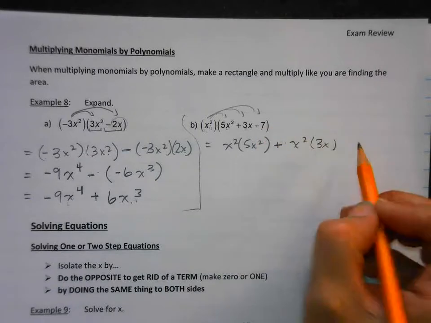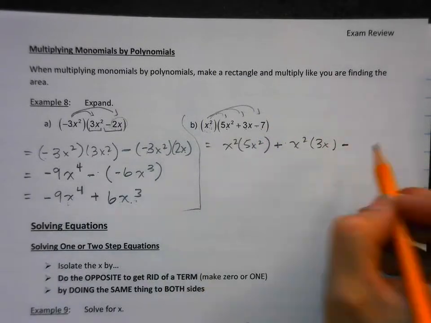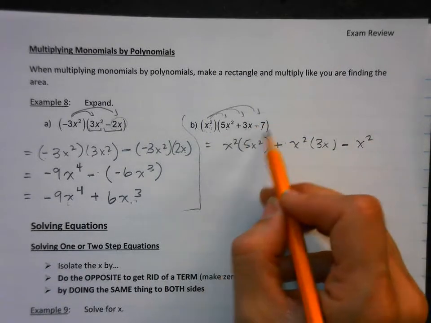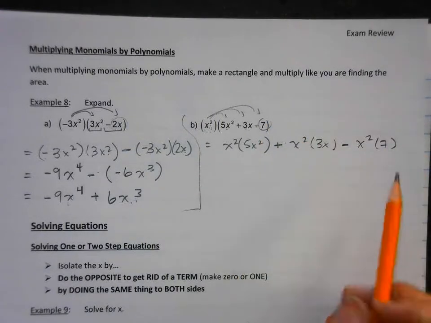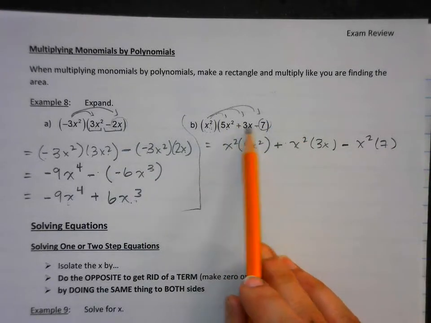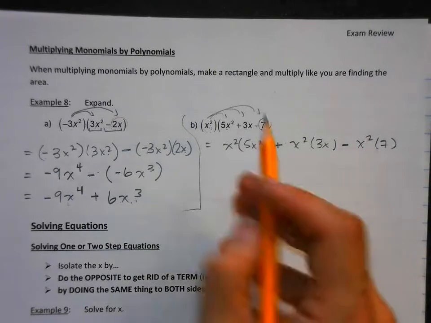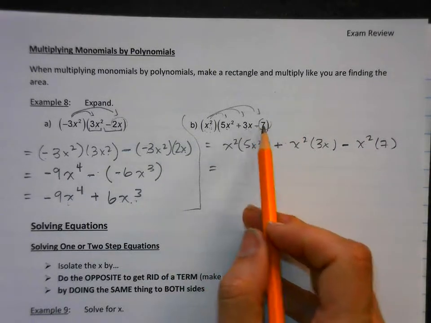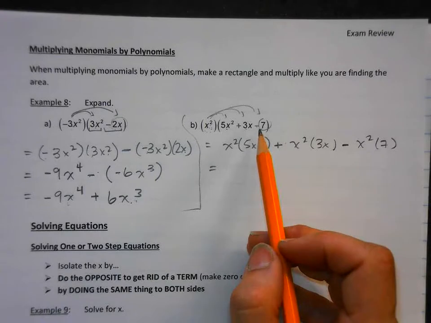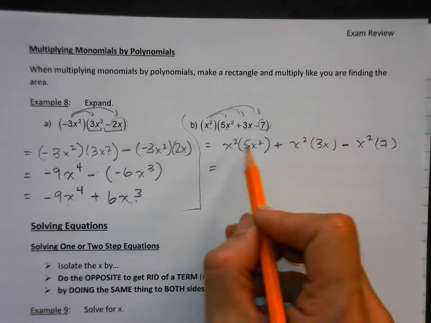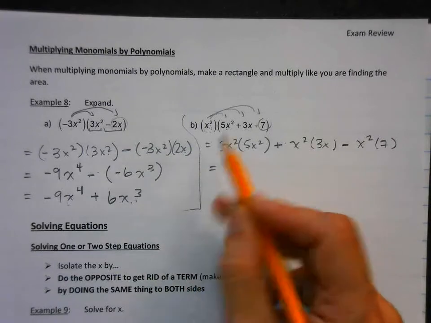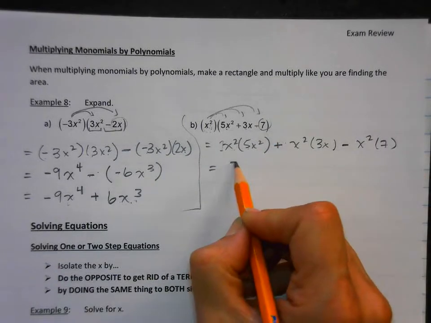And then my sign, and I have my x squared, and I have the 7 right here. So I've brought my signs that were in between my terms, and I've brought down whatever is there after the sign. So here, the number's not going to change because the number in front is 1, and 5 times 1 is 5.